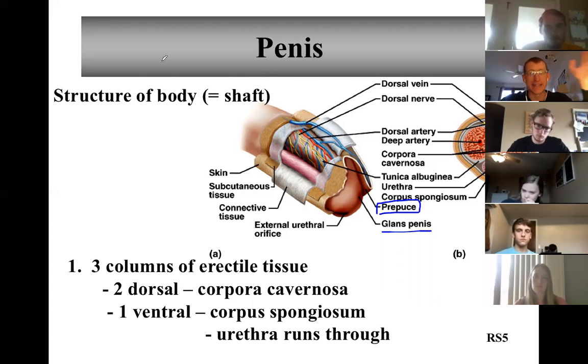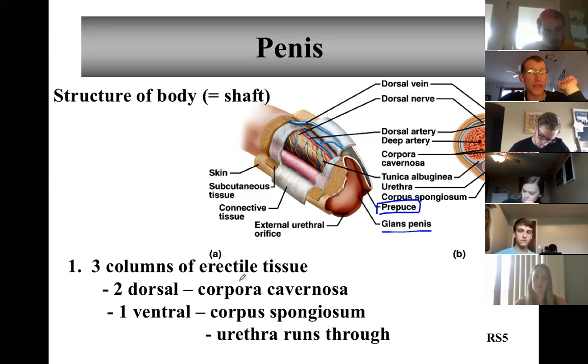It doesn't mean that somebody who's uncircumcised is going to struggle with health issues their whole life. That's not the case, but it is much more difficult to clean. So I think that probably plays a role in so many other countries having incredibly high circumcision rates as well. So that's the structure of the penis.